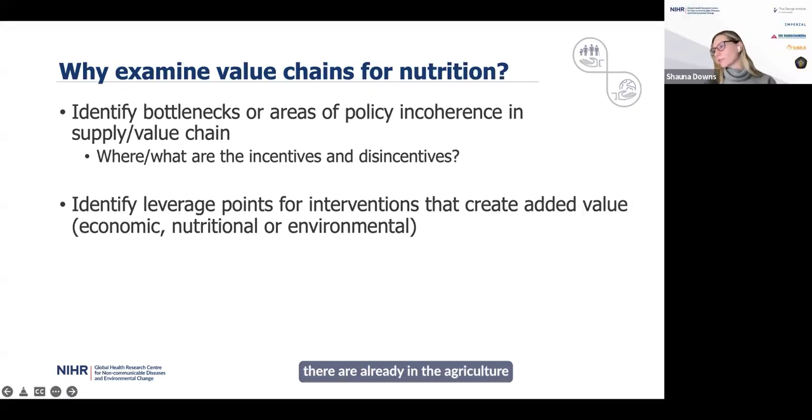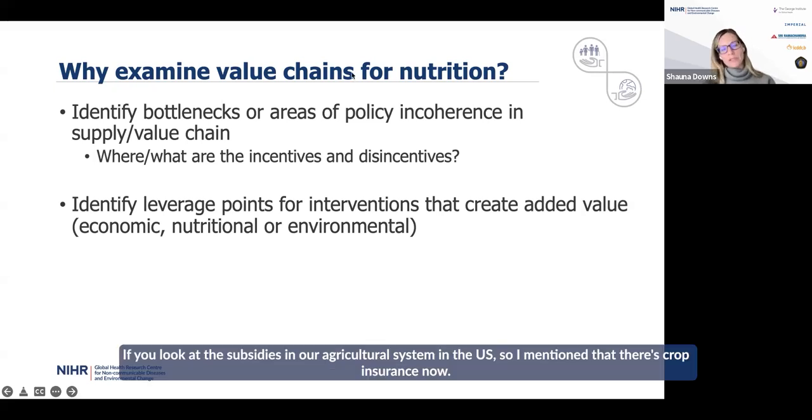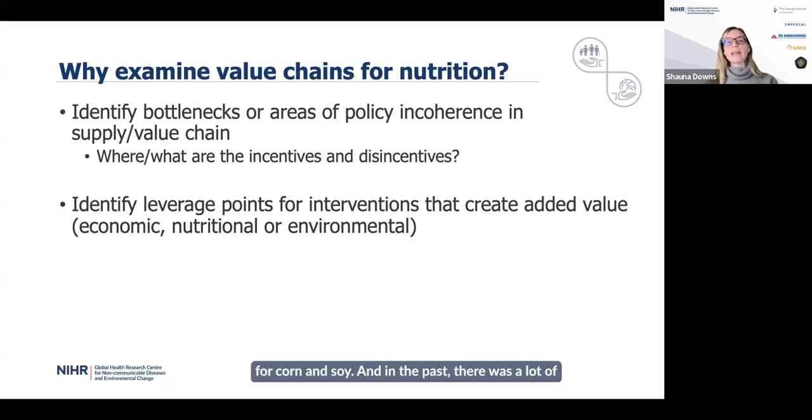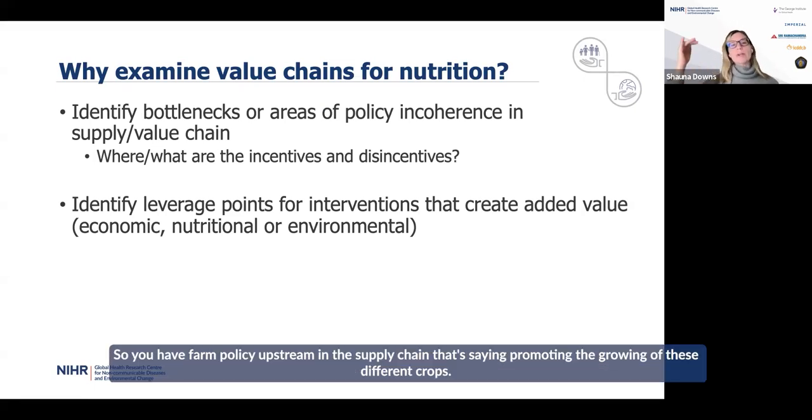If you look at the subsidies in our agricultural system in the US, I mentioned that there's crop insurance now for corn and soy, and in the past a lot of government dollars went into R&D, which made it over time a very productive crop. So the yields that farmers in the US get for corn and soy are very high. So you have farm policy upstream in the supply chain promoting the growing of these different crops.